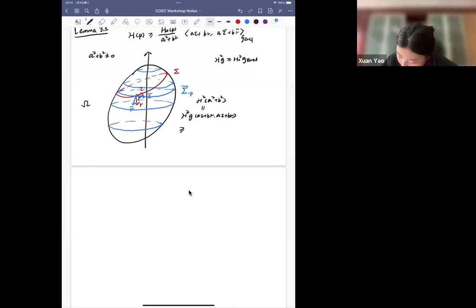And this is by the scaled mean curvature comparison greater or equal than h naught squared G Euclidean of a tau plus b nu, a tau plus b nu.